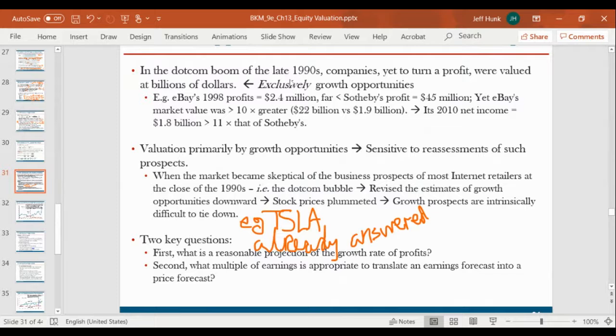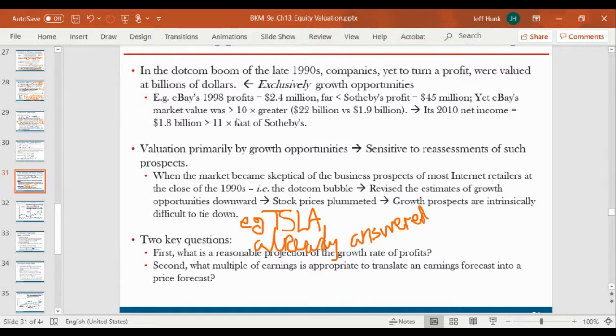In the dot-com boom of the late 1990s, companies yet to turn a profit were valued at billions of dollars, right? And why? Is it exclusively because of the growth opportunities? For example, eBay's 1998 profit was 2.4 million, far less than Sotheby's, the auction and real estate company, whose profit was 45 million.